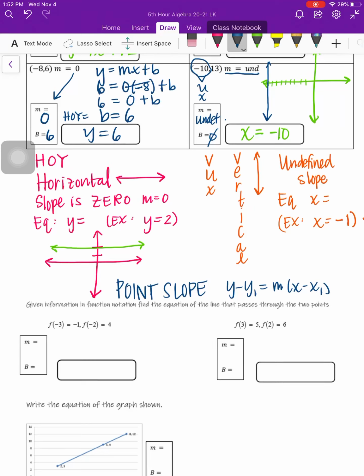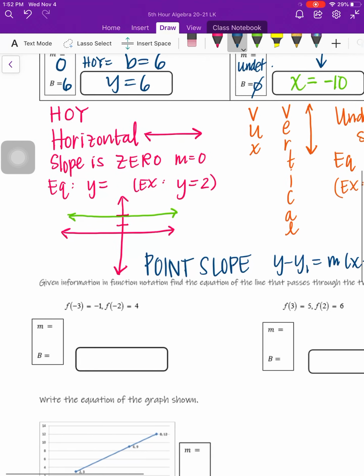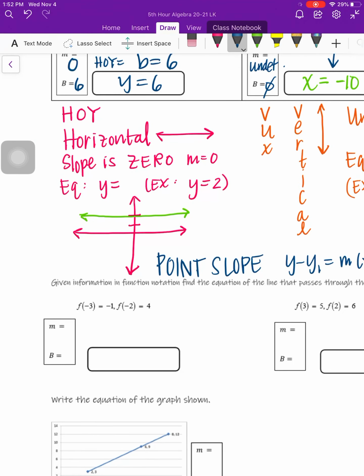And we have to start on this next problem finding the slope. So we're going to use that old slope formula, y2 minus y1 over x2 minus x1. So I'm going to rewrite these ordered pairs, negative 3, negative 1, negative 2, 4.